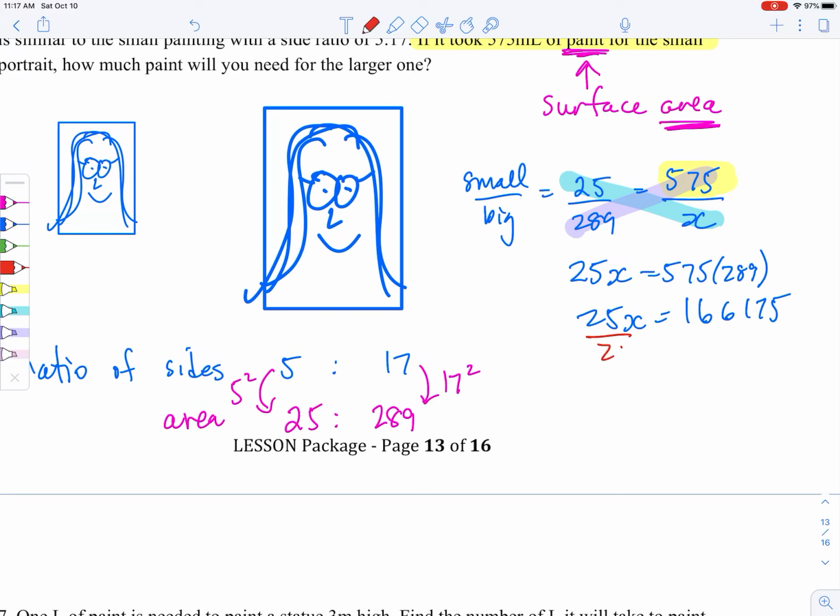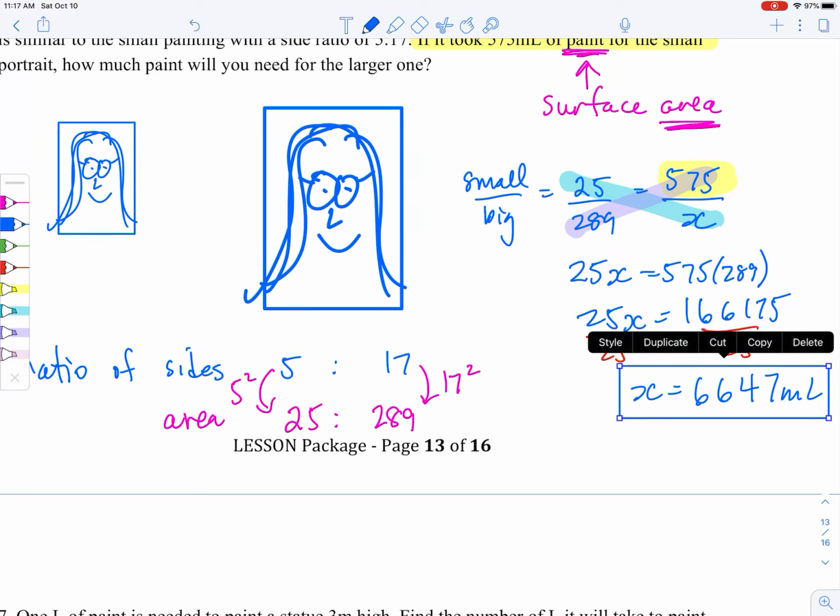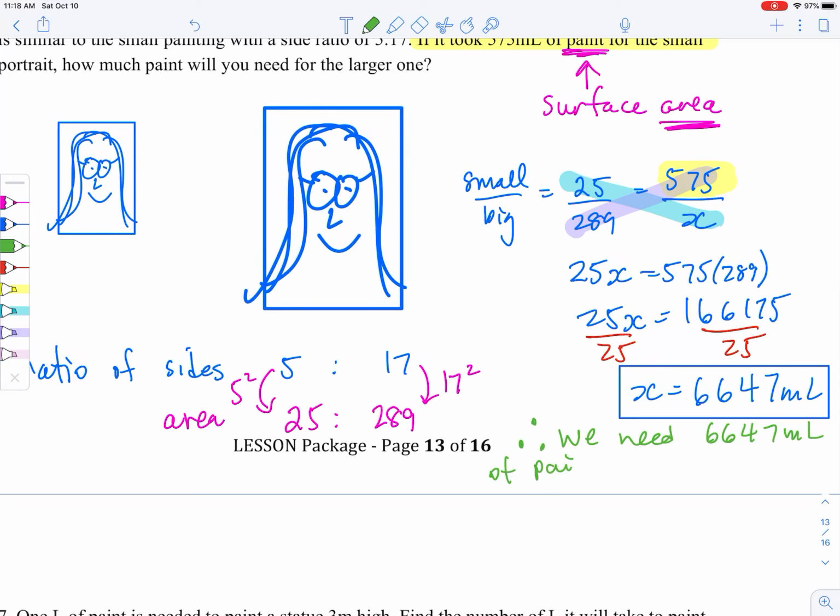Divide both sides by 25. And I calculate that it's 6647 milliliters. Because the paint was measured in milliliters, this is going to be in milliliters. And we answer with a therefore statement. Therefore, we need 6647 mL of paint for the larger one.